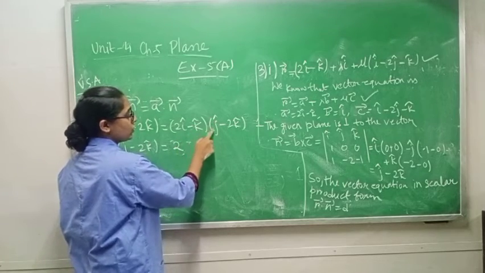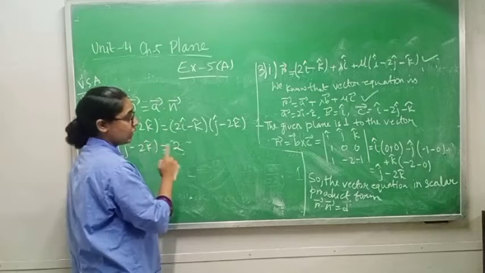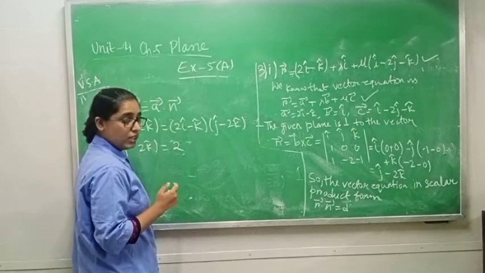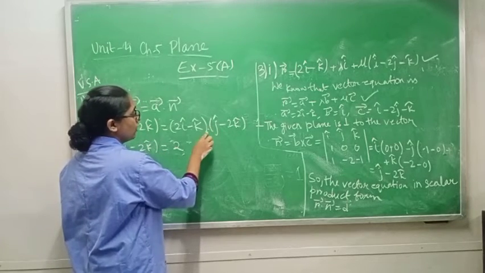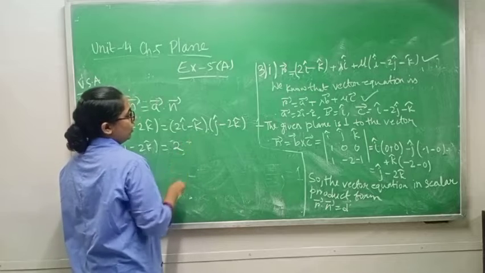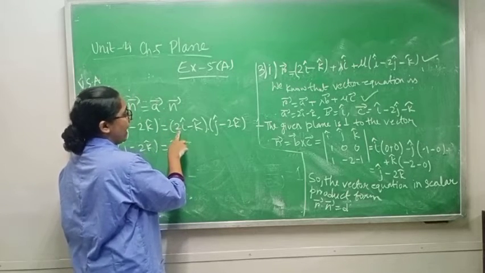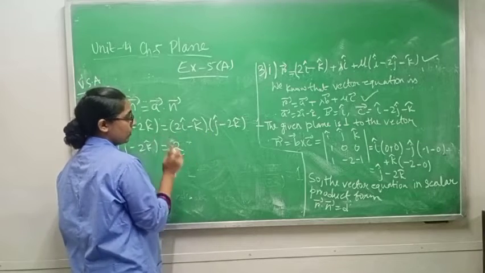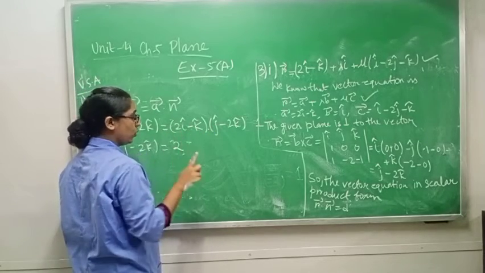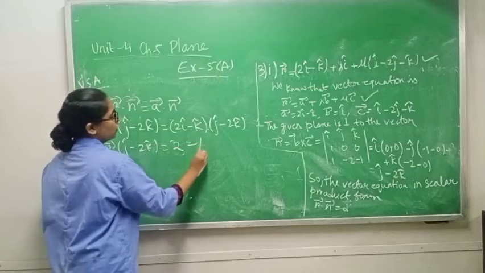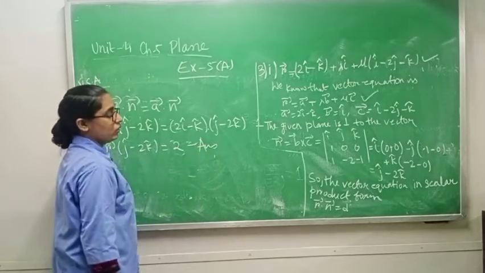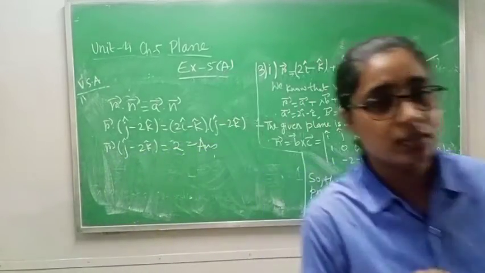And j is not present in a, so it will also be 0. When doing the dot product between two vectors, i and j are not present in both, so 0 only. K is present in both, so it will be 2. So this is your answer. Okay, copy this one.